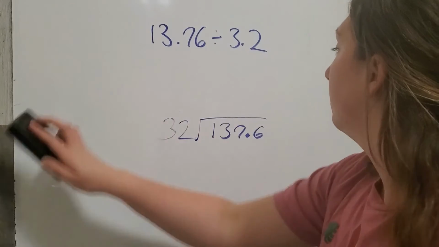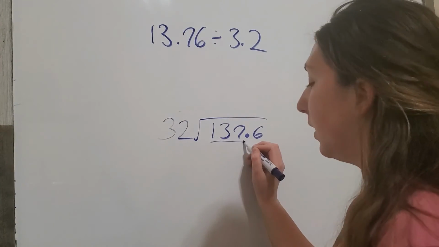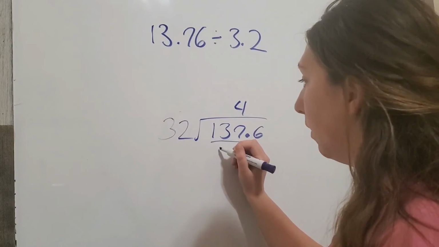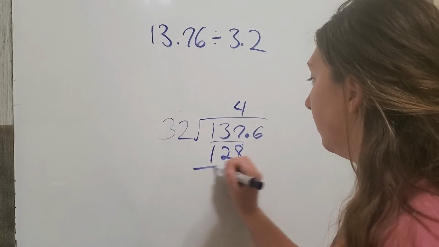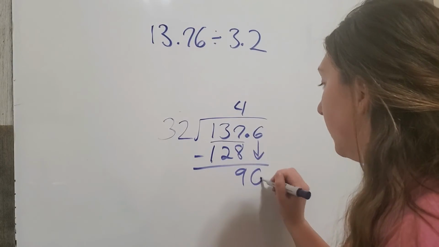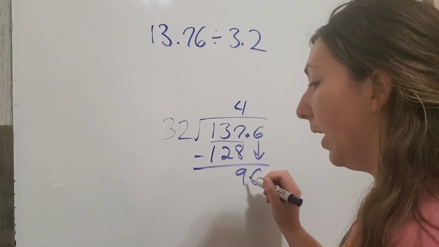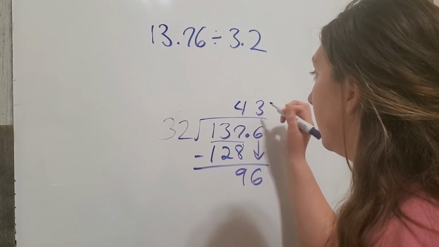Okay. All right. Now 32 will go into 137 4 times. Okay. 4 times 32 is 128. We're going to subtract and get 9, and then we're going to bring down that 6. Okay. 32 will go into 96 3 times.